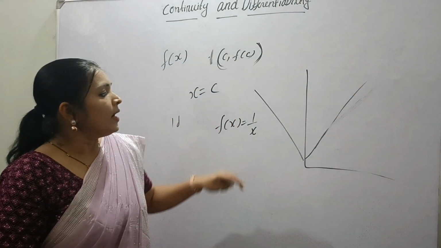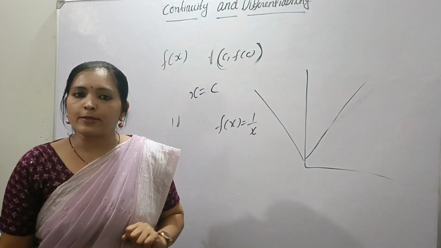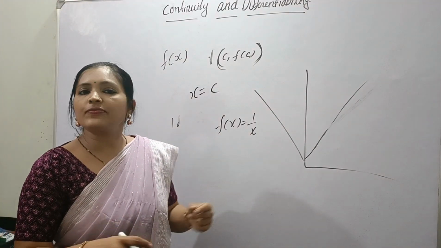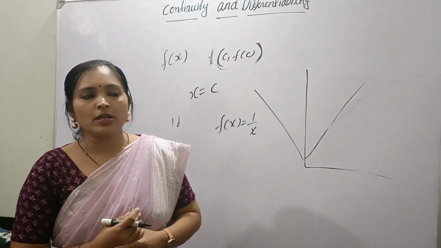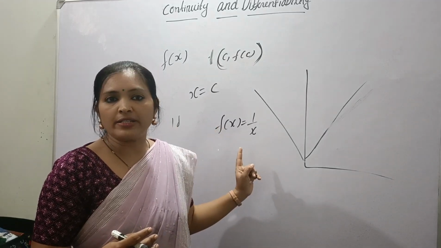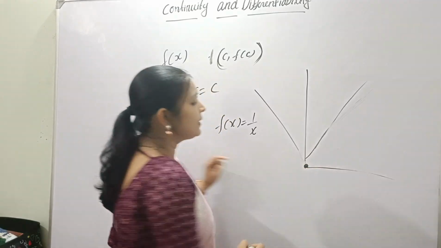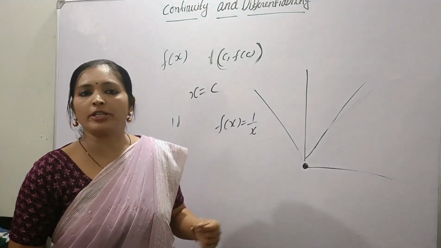Take x equal to 0. When we take x equal to 0, this function is not defined, right? 1 by 0 is not defined. So at x equal to 0 this function is not defined, and the graph will break here, with a hole because it is not defined at that point.